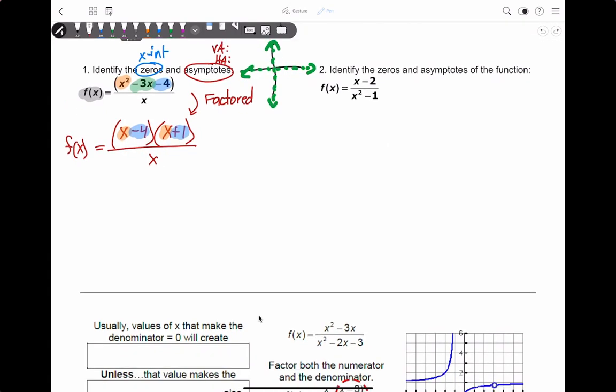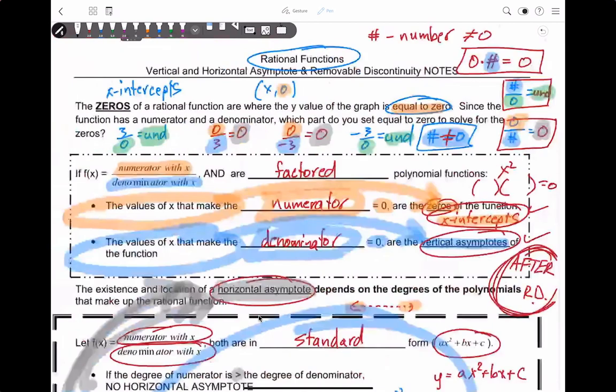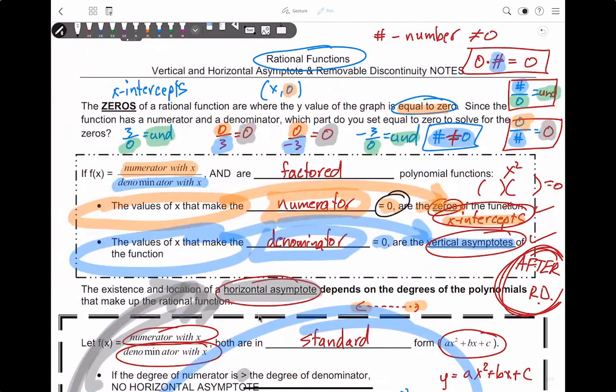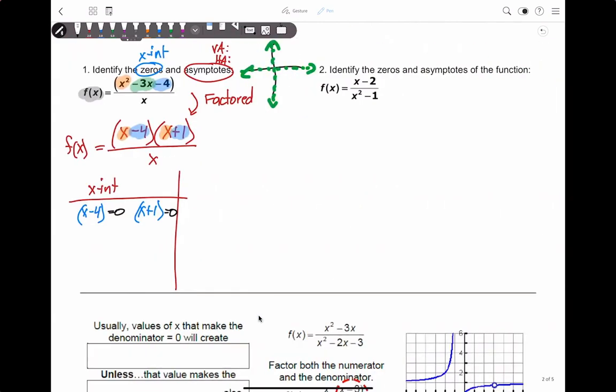So if my x-intercepts come from my numerator, let me make an x-intercepts column. That means I have one that is x minus 4 and one that is x plus 1. What I'm going to do is set them equal to 0. That was the rule that we saw back here. If I solve for x, I have x minus 4 is equal to 0.